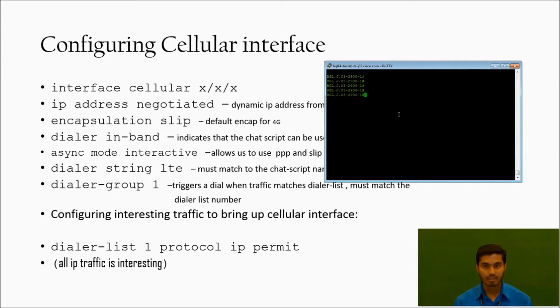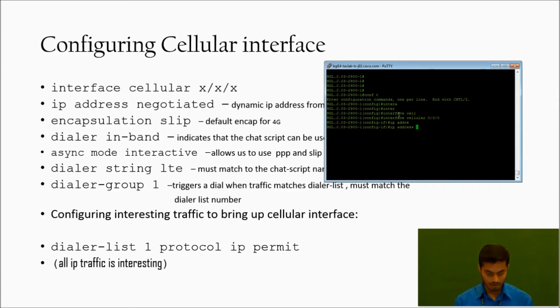So here is the configuration on the lab router here. So get into the configuration mode under the interface cellular 0/0/0, IP address negotiated, which negotiates an IP address from the service provider.